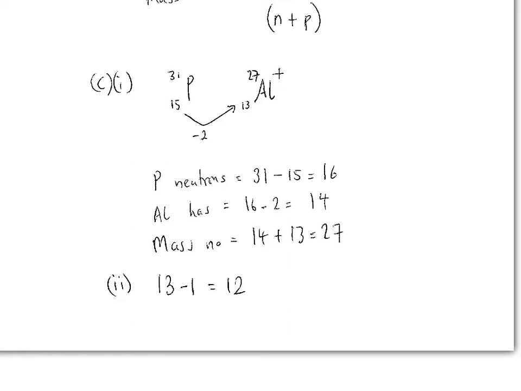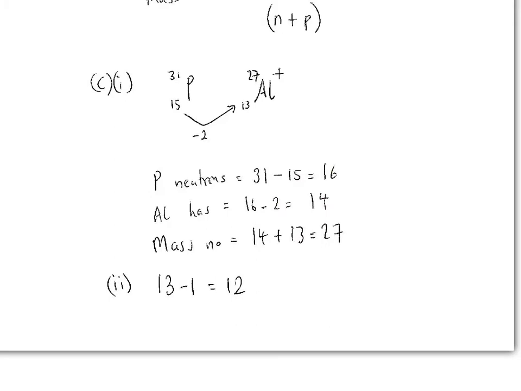Work out the number of neutrons for phosphorus, 31, take 15, gives you 16 neutrons for phosphorus. A new element has 2 fewer neutrons, so 16 take 2 makes 14. The missing number here is the mass number, which is the neutrons plus the protons gives you 27, so the final answer is 27Al+.